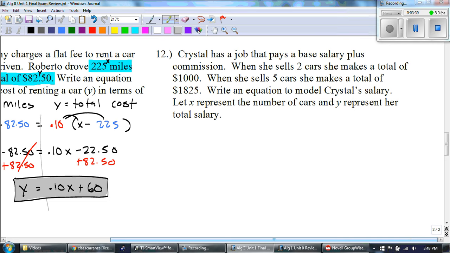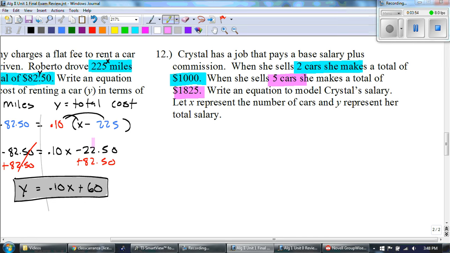All right, number 12. Crystal has a job that pays a base salary plus commission. When she sells 2 cars, she makes a total of $1,000. When she sells 5 cars, she makes a total of $1,825.